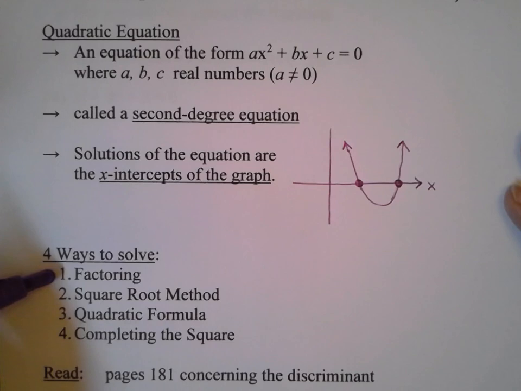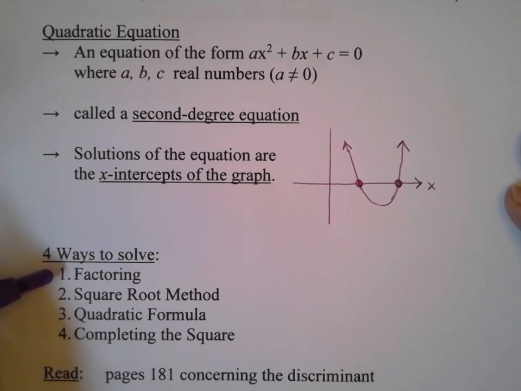Especially because usually in an algebra class you've taken some time either this semester or in previous classes to practice factoring. So we look at something and we see the factoring. Maybe that's true for you, maybe it's not. But if you have a good amount of factoring skills, factoring is usually the fastest method, if it's factorable.